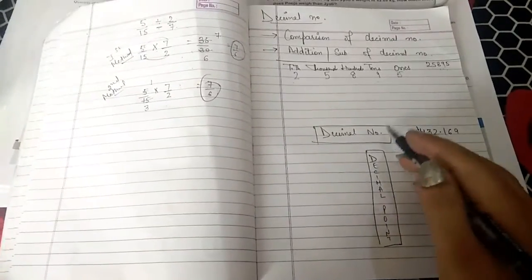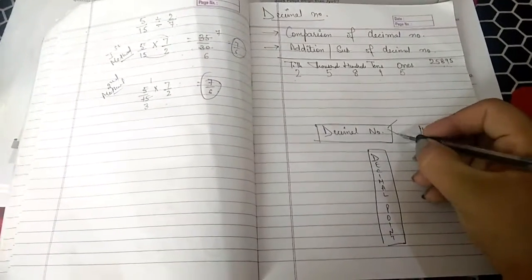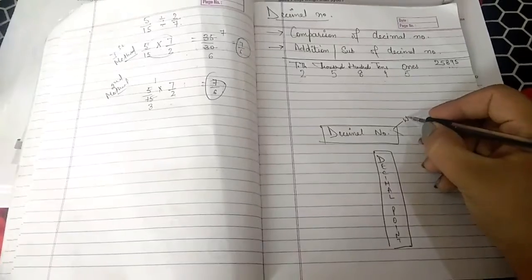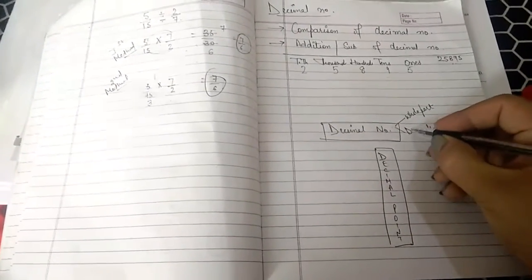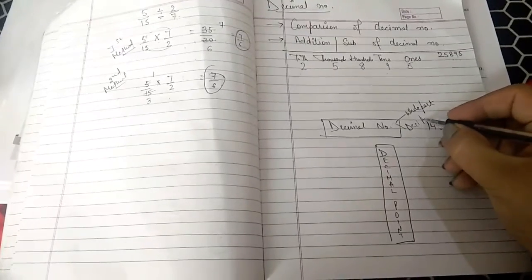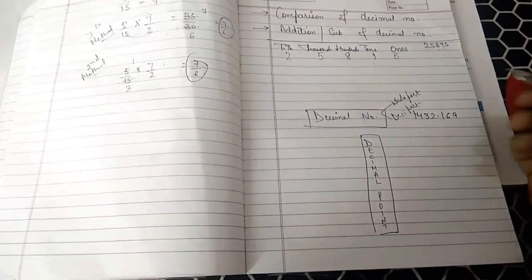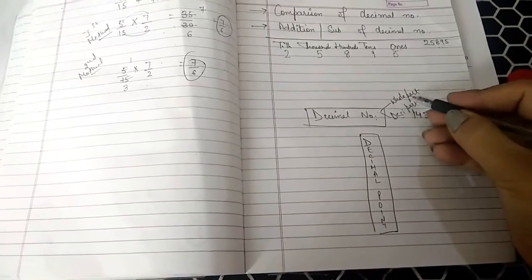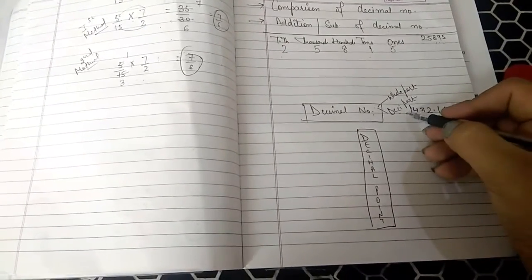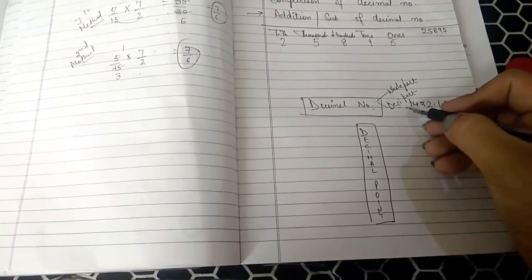A decimal number is divided into two parts. First one is the whole part and second is the decimal part.